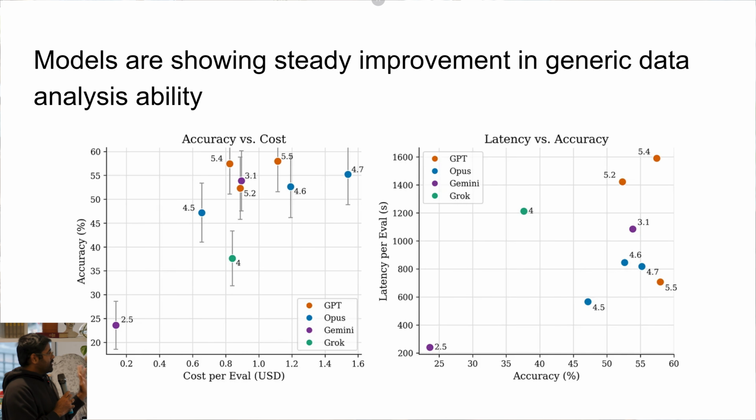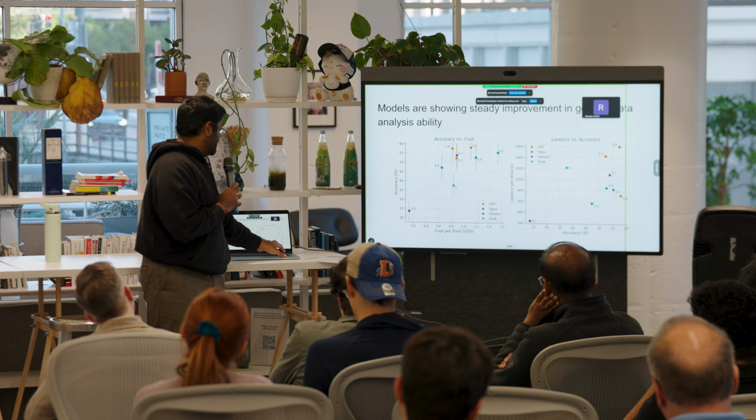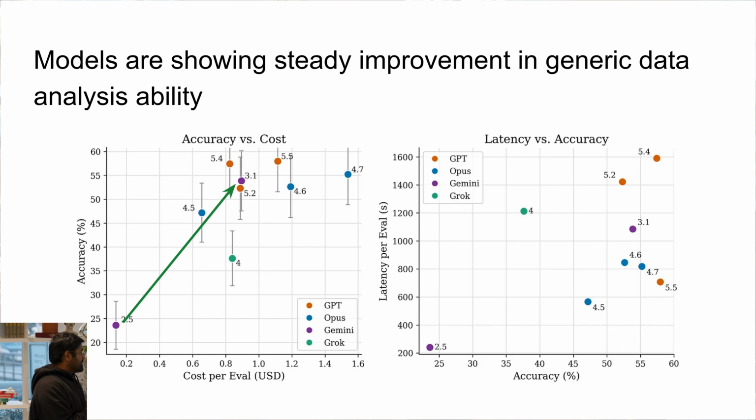But at a high level, we also saw that as these models evolved, they got better and better at single-cell analysis. For example, in terms of accuracy, we saw a nice boost in Gemini's ability to analyze this data.